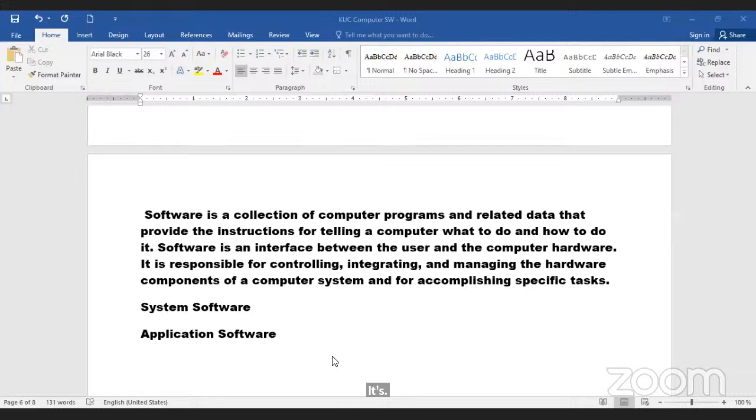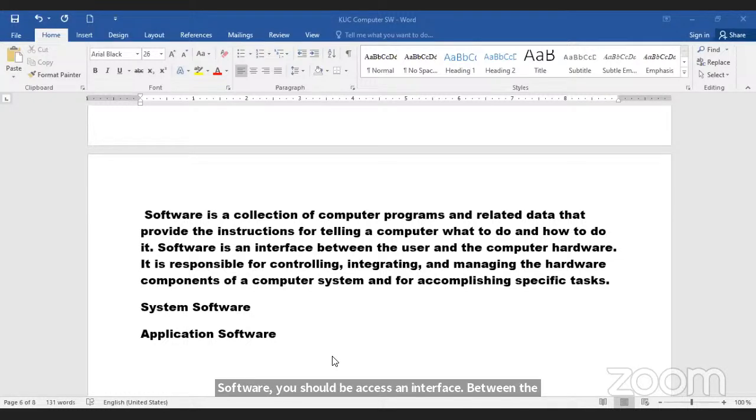Software usually acts as an interface between the user and the computer hardware, and it is responsible for controlling, integrating, and managing the hardware components of a computer system and for accomplishing specific tasks.